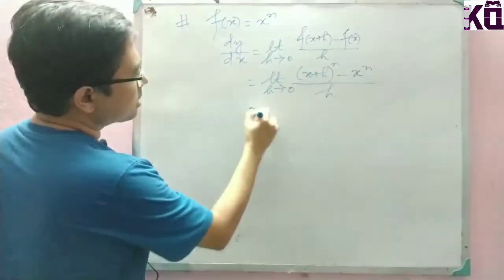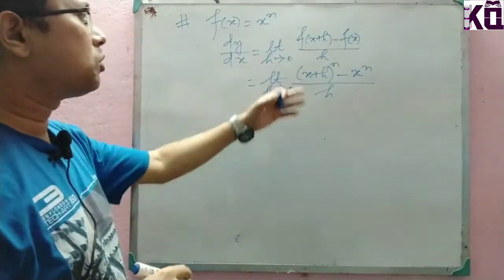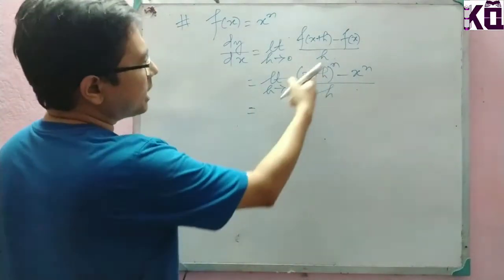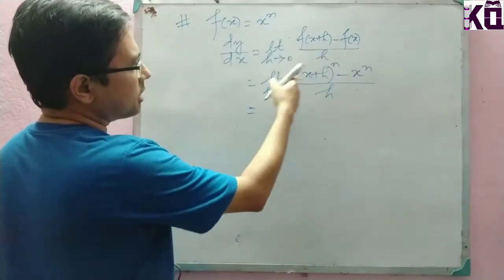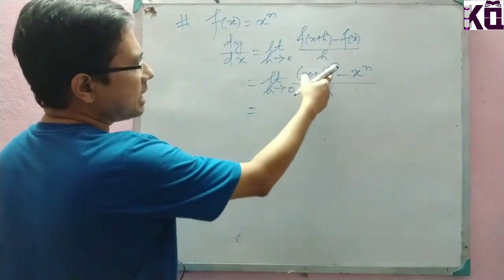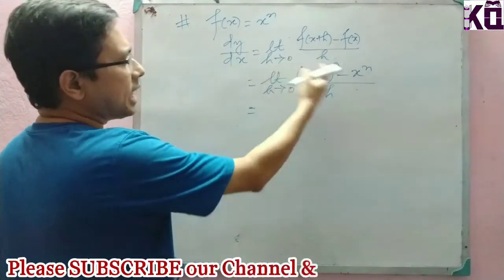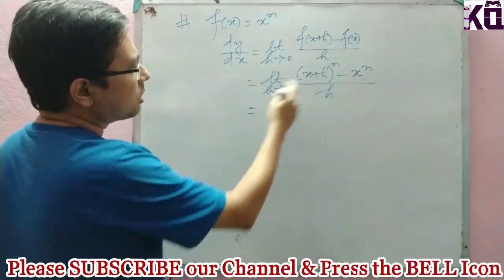Now from this, we can write it down like this: we can take x to the power n common, then 1 plus h by x, like this. If I take common from this, we can identify the final value.